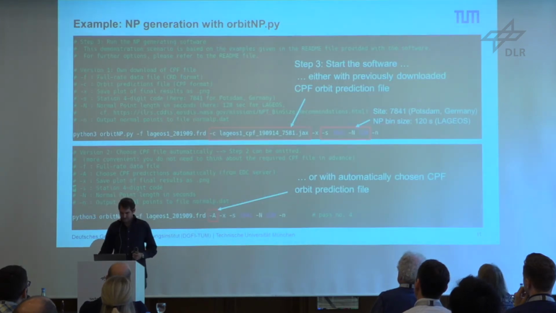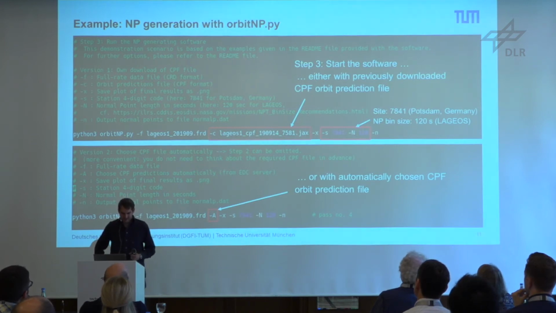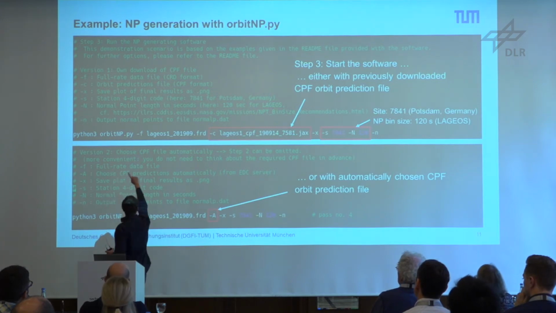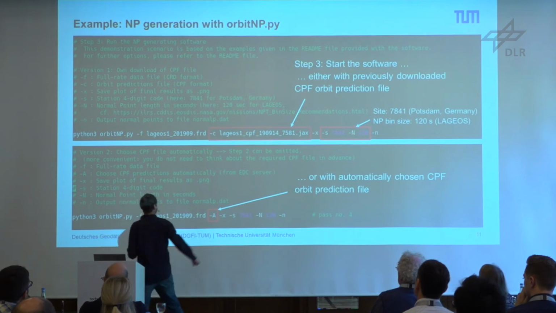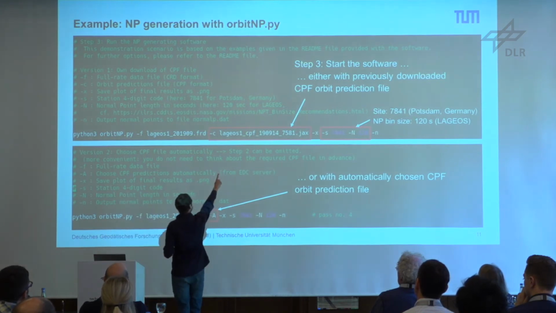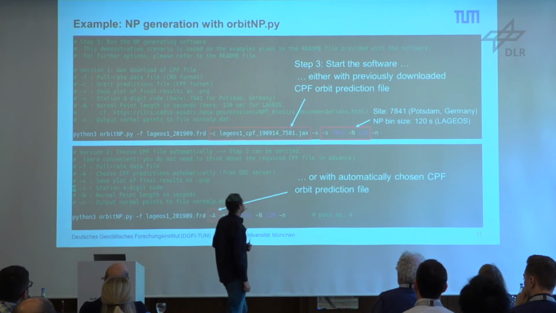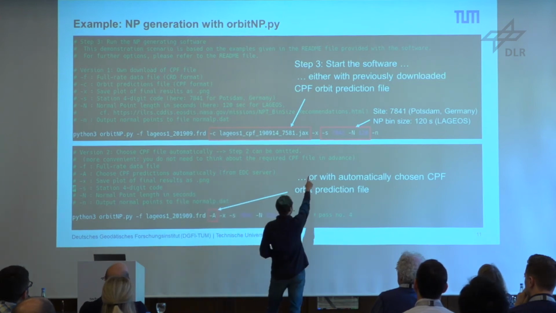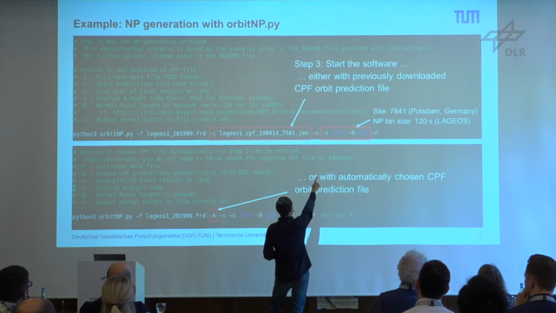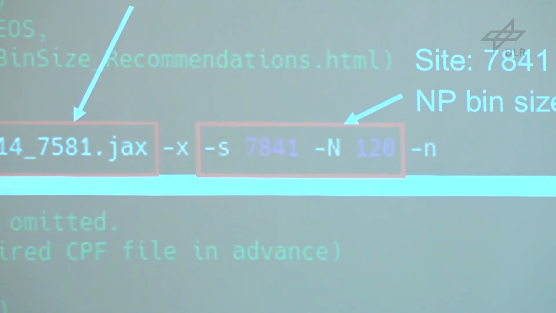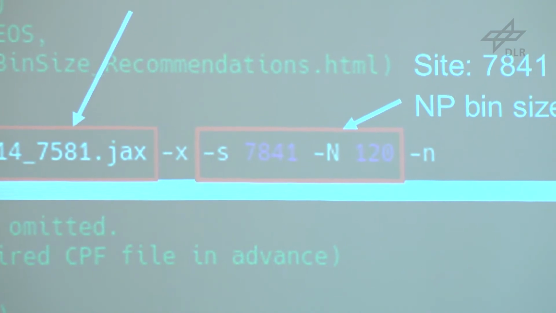Now, how do we start this program, orbit NP? The program needs some information, of course. Firstly, we call it by giving it the full rate data file. Then we say, okay, this is our prediction file, and we can define the station. In our case, it's 7841, that's Potsdam, and the normal point bin size, which is 120 seconds for LAGEOS-1.